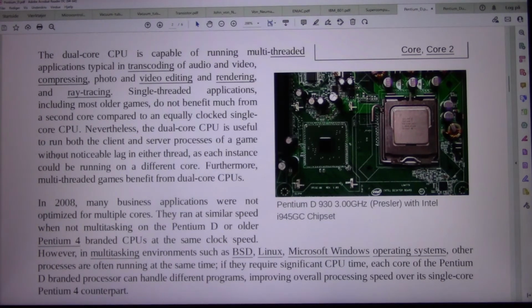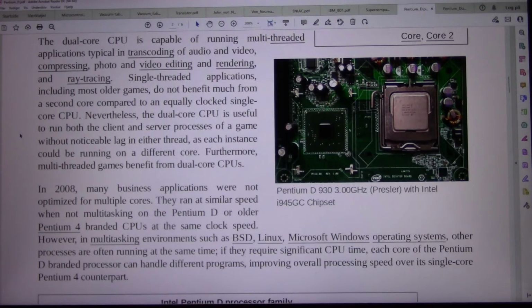With the Intel i945GC chipset, the dual-core CPU is capable of running multi-threaded applications typical in transcoding of audio and video, compressing, photo and video editing and rendering, and ray tracing.